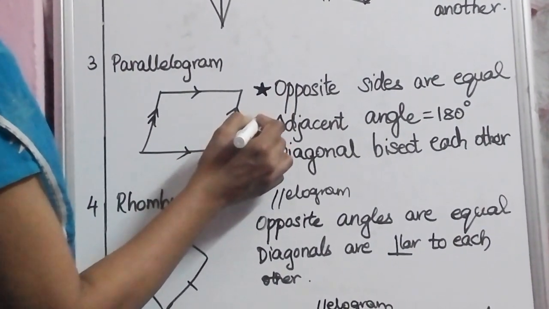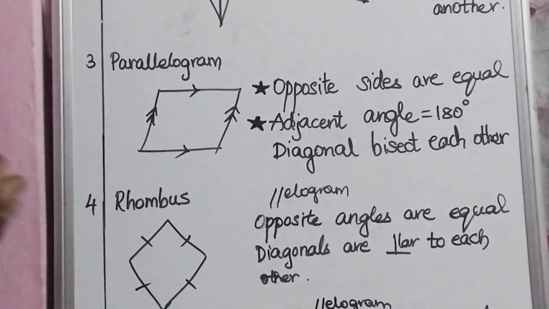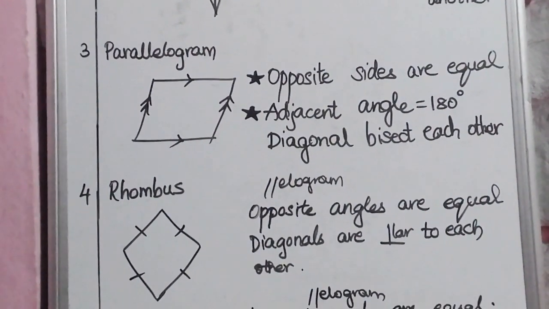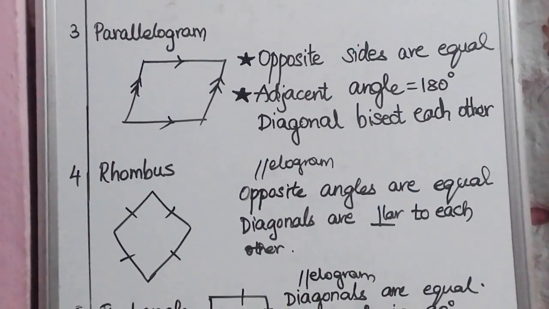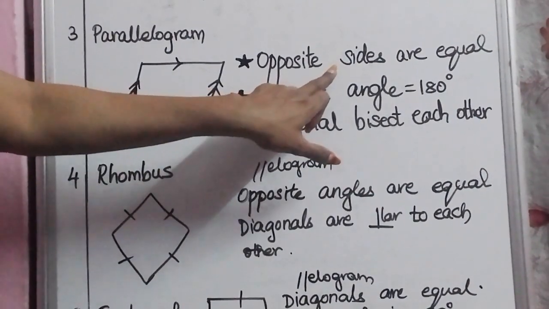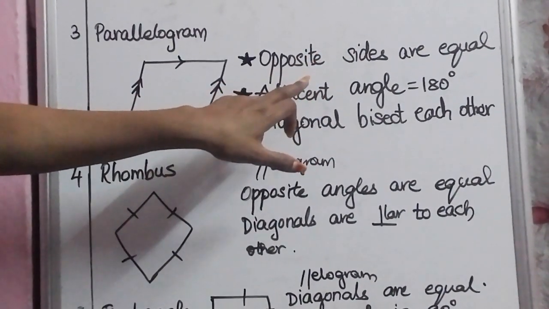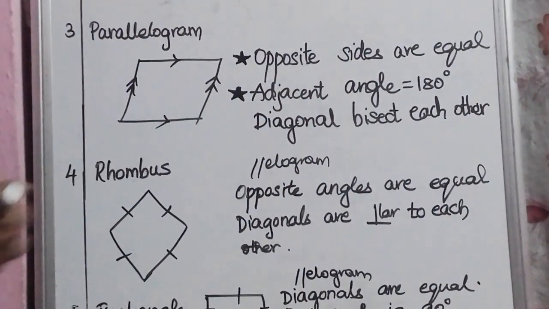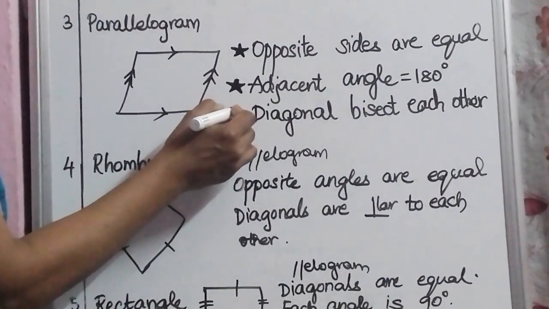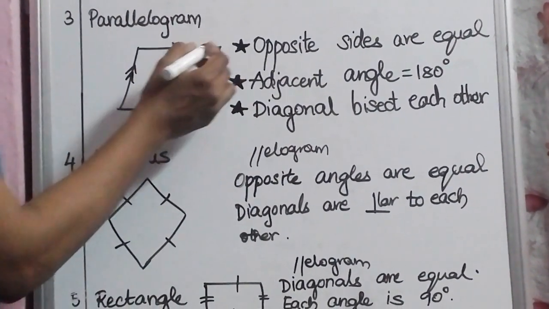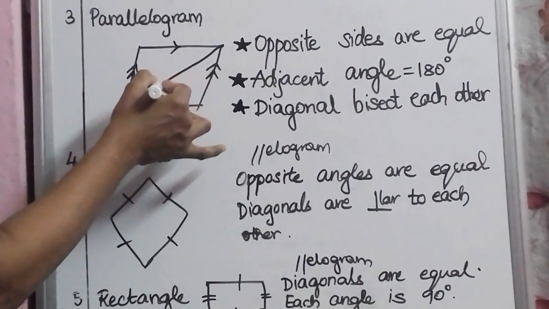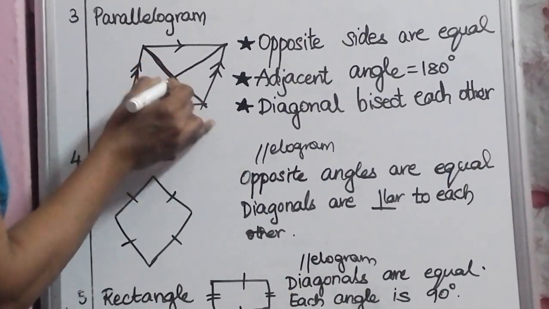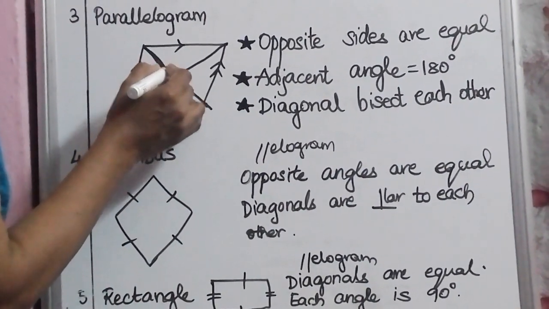Next, the sum of adjacent angles is equal to 180 degrees. The opposite sides are equal, opposite angles are equal, the adjacent angles sum to 180 degrees, and the diagonals bisect each other. What is a diagonal? How do you draw it? Very good, you join the opposite vertices, and you can see that the diagonals bisect each other.